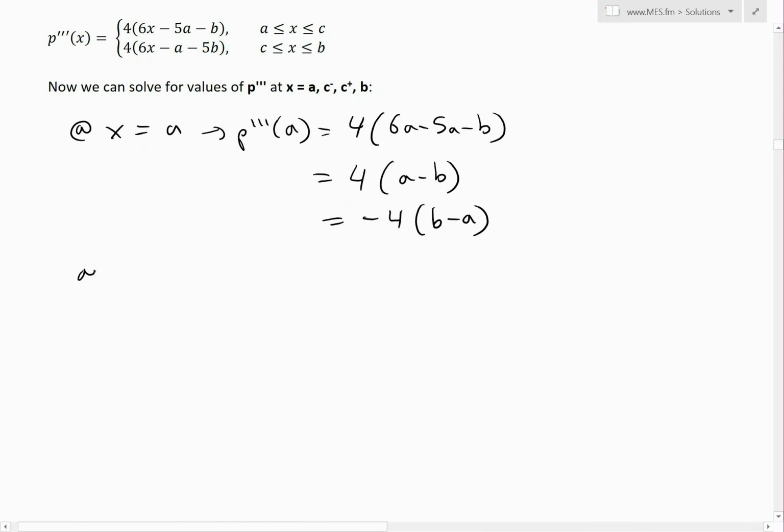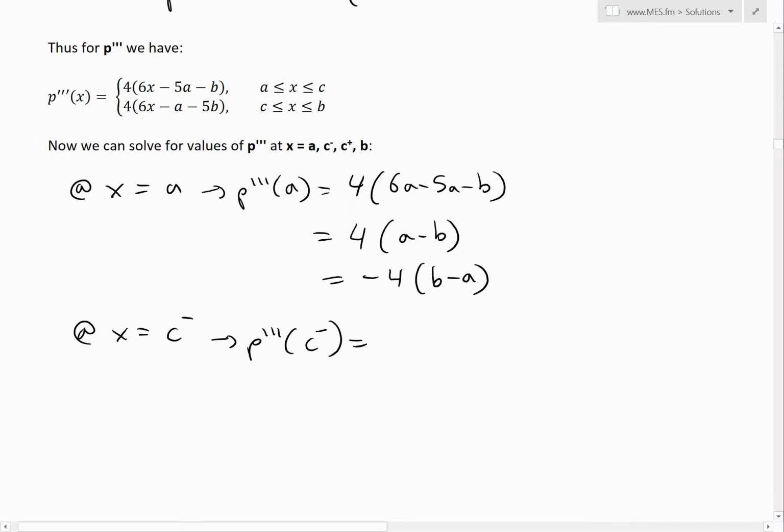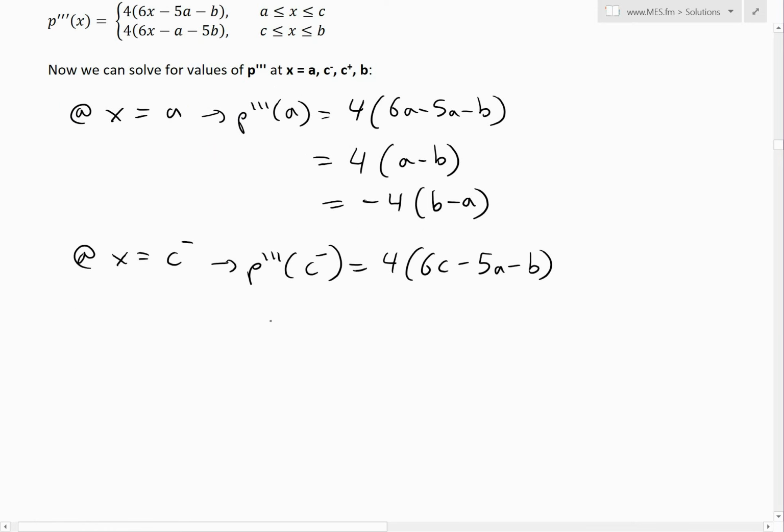And now at x equals c minus, we have p triple prime of c minus, this equals, well, I'll just plug c into the top equation. So that's 4 times 6c minus 5a minus b, and again recall that c is the average of a and b, so this is 4 times 6 times a plus b over 2, minus 5a minus b.